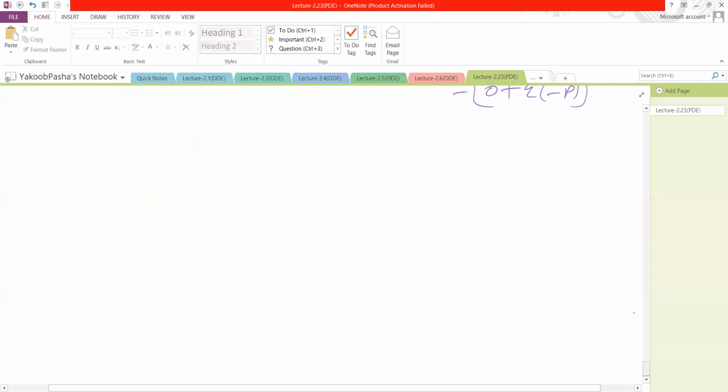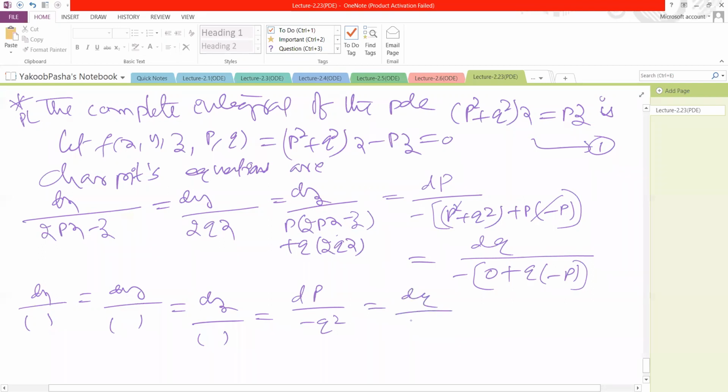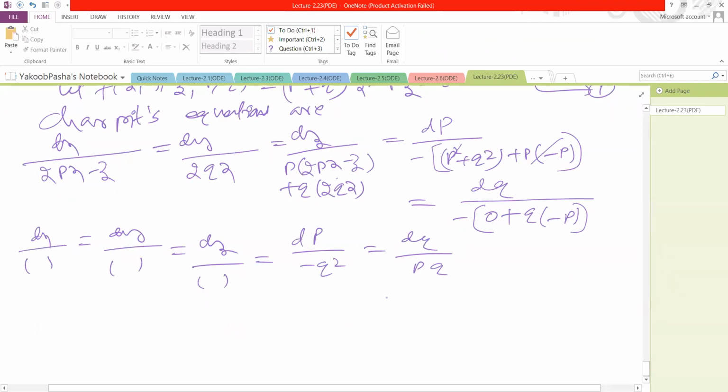So we can write the first equation as dx by, dy by and dz by the same. Simplifying this equation, p square and p square will be cancelled. dp by minus q square is equal to dq by pq.